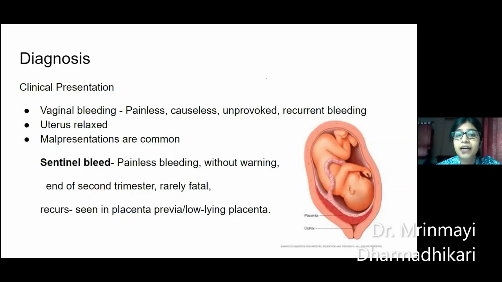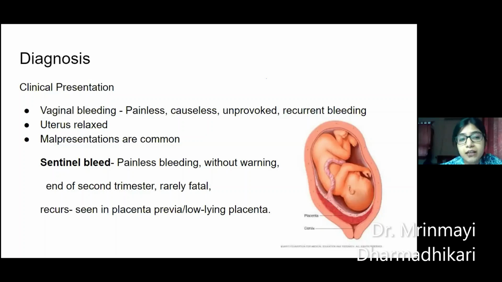Compare it with the bleeding which is seen in placental abruption. In abruption, it will almost always be associated with pain in the abdomen, especially in concealed hemorrhage. Here the bleeding is causeless, unprovoked. There is no history of previous abdominal trauma. It is an unprovoked painless vaginal bleeding, and the bleeding more often than not is recurrent.